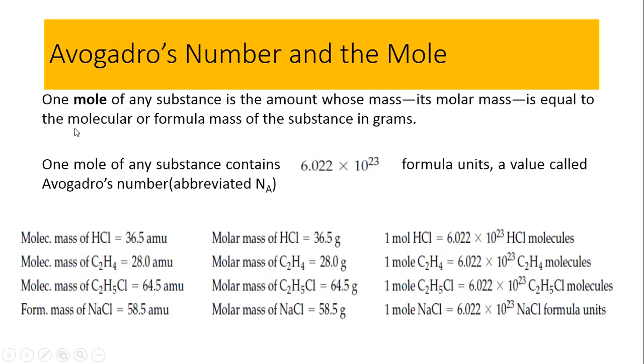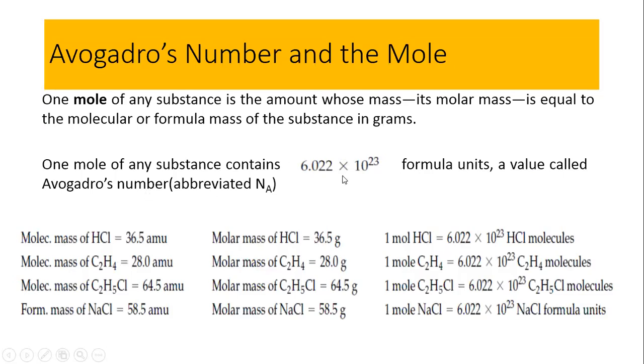Now here you will learn to calculate the Avogadro number and the moles. One mole, by definition, of any substance is the amount whose mass, particularly its molar mass, is equal to the molecular or the formula mass of the substance in grams. I will explain in detail. You just have to look at the definition of the Avogadro number. 1 mole of any substance contains 6.02 x 10^23 formula units, and this value is called the Avogadro number.